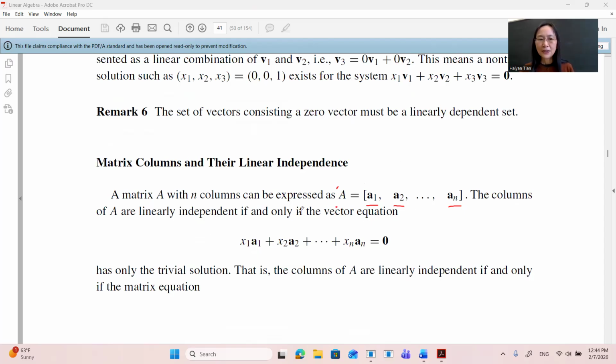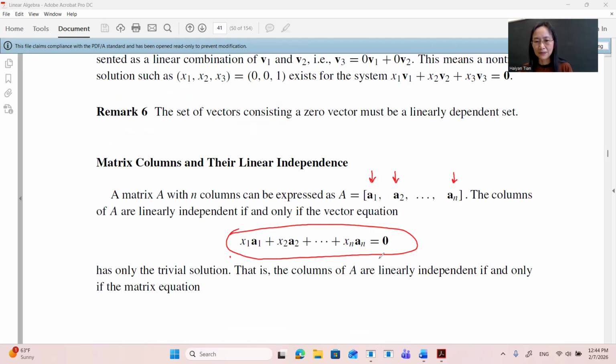And if we want to know whether the n columns of the matrix are linearly independent, then we do the same thing, because they're just vectors, right? To determine the linear independence of the n vectors is just to study this homogeneous system.